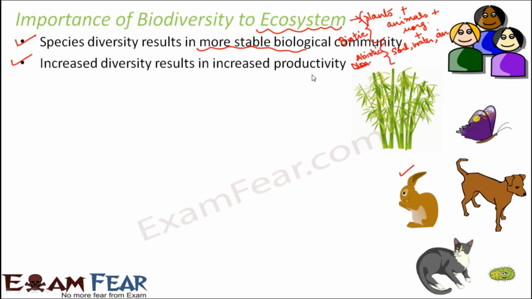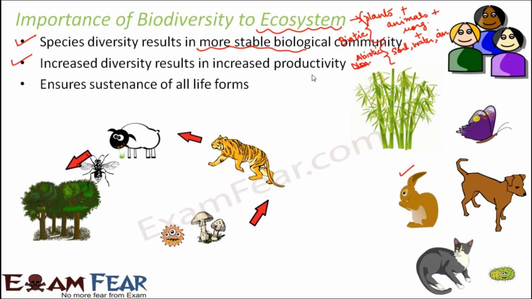When you have more variety of plants, your productivity is definitely going to increase. Each species has an important role to play in the entire ecosystem. So biodiversity boosts ecosystem productivity, because when the number of species increases, the net productivity of that ecosystem also increases.